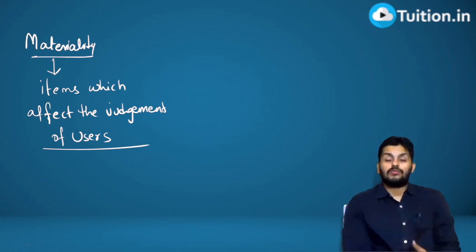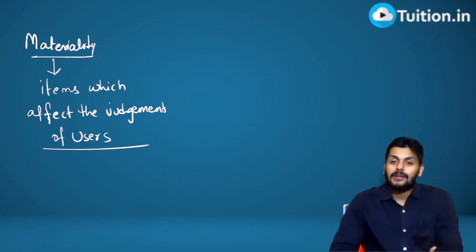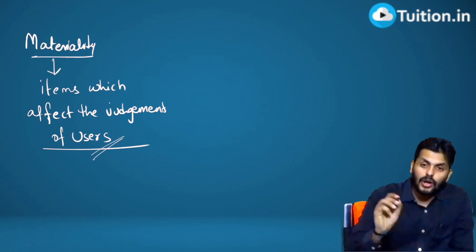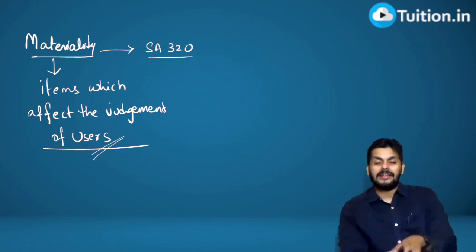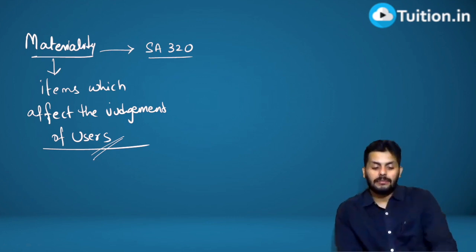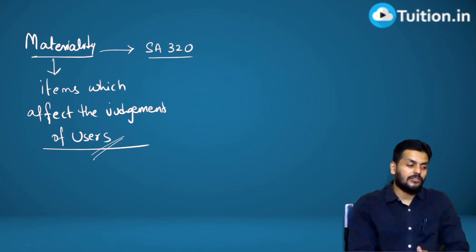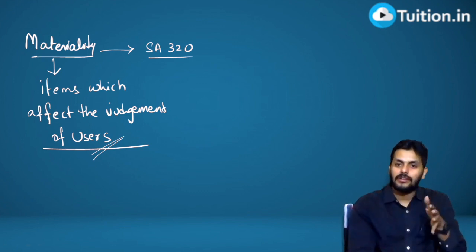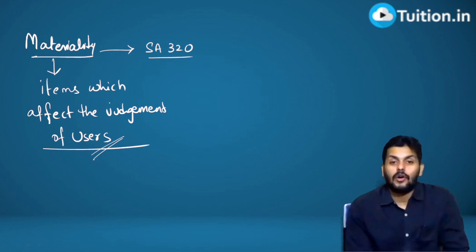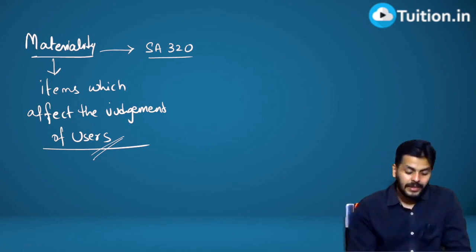If somebody is asking you, material items are those which affect the judgment of users. As part of this, standard number 320 is what deals with materiality. What items are material? All those items which affect the judgment of users, the decisions that they take based on what they see in financial statements and which influence them, they are all part of the concept of materiality.